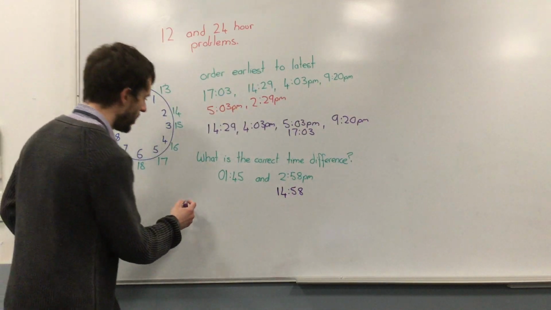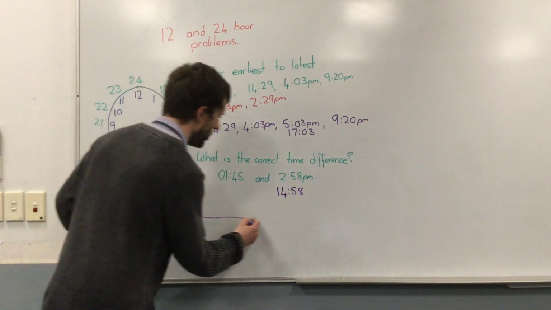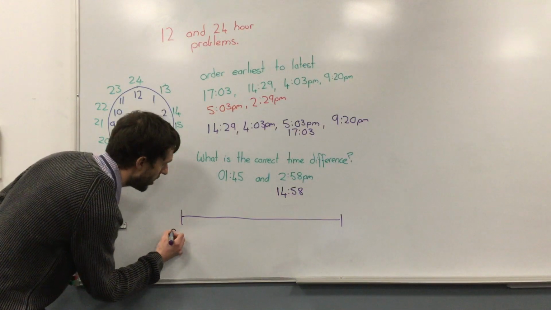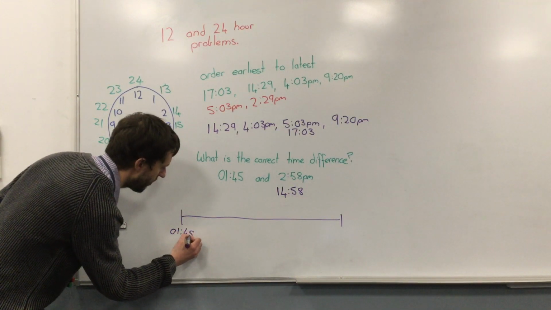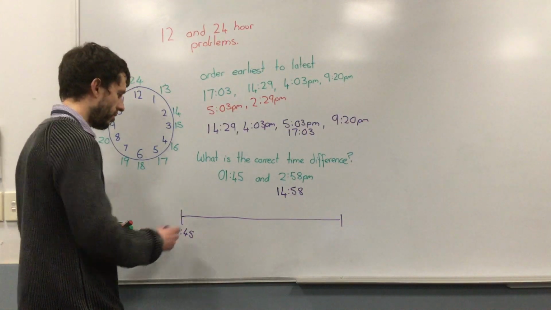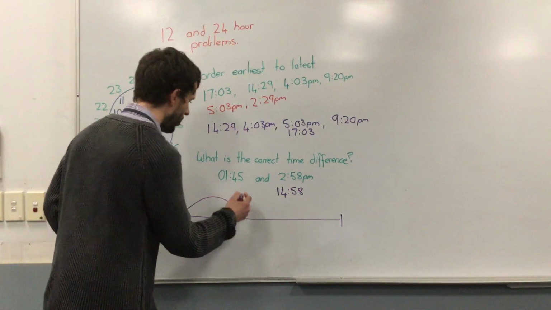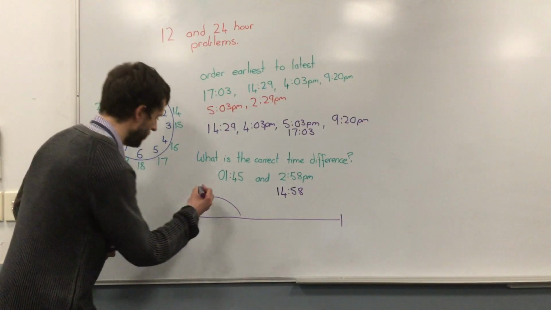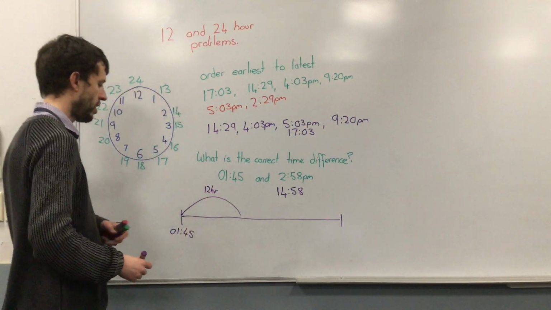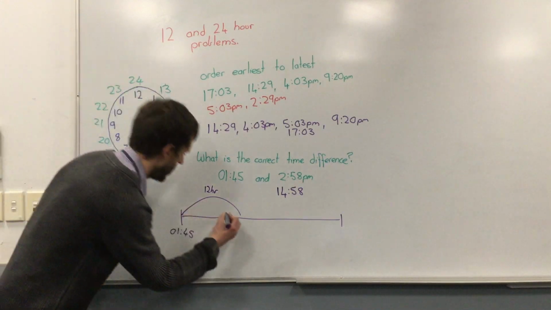Now, if I'm thinking about my number line of the difference, now that they are in the same units, we're starting at 01:45. And I can jump, so I'm just going to add on 12 hours. So 12 plus 1 is 13.